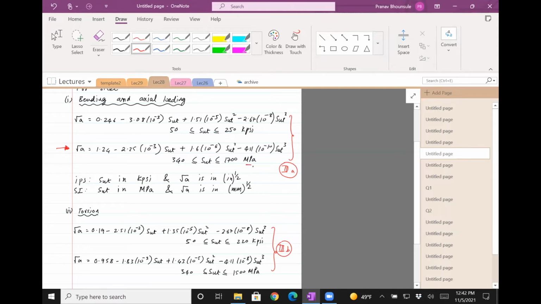Okay, so I'm just going to copy that, sub in the value for SUT, which should be in MPa. So it's, I think, 690 MPa, and proceed from there.